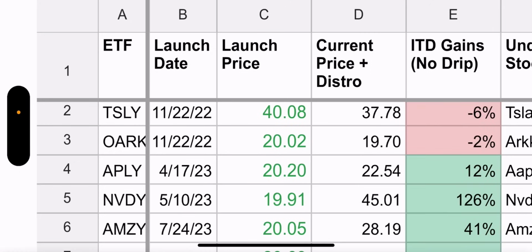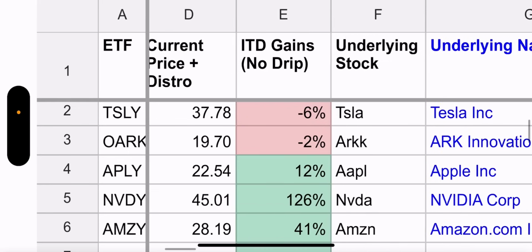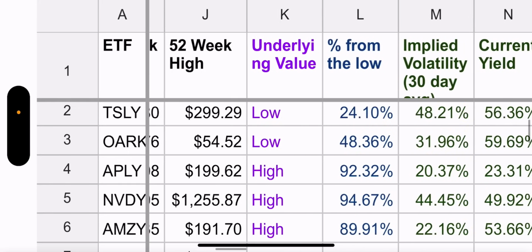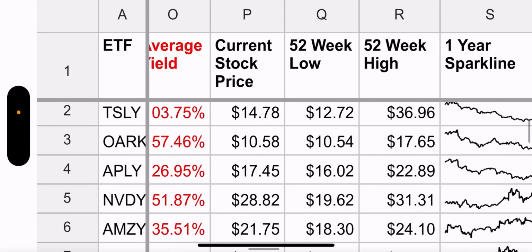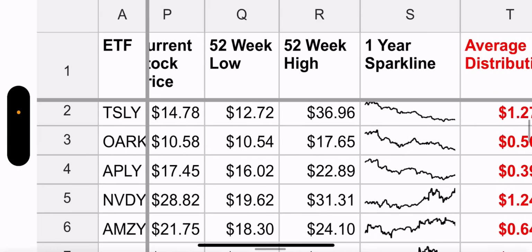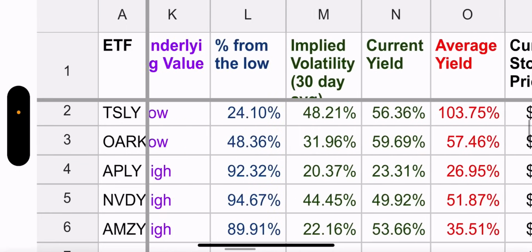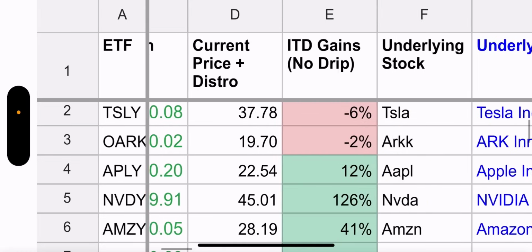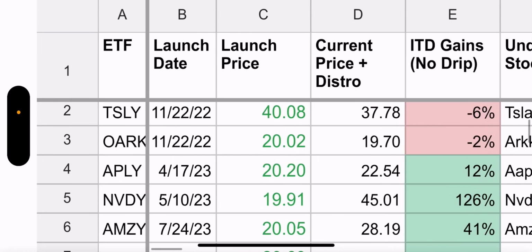But NVIDIA, that's another story, right? NVIDIA is just insane. What's their current price? Their current price is $28.82, and they have paid out $16.19. Their launch price was $19.91. I don't think I got in at that price.